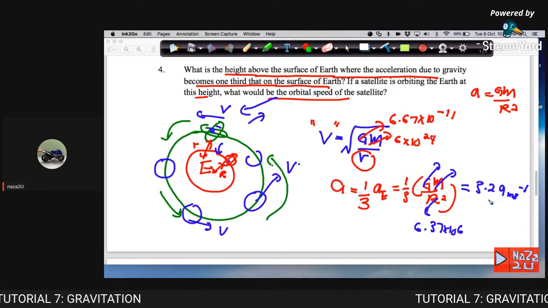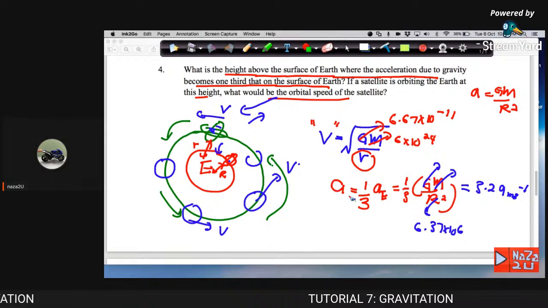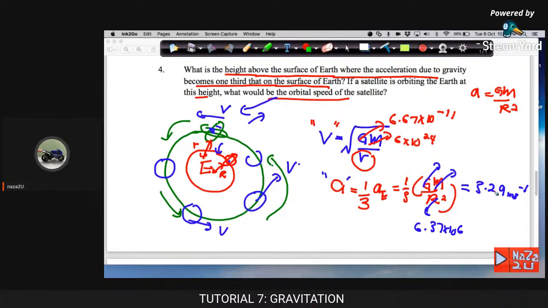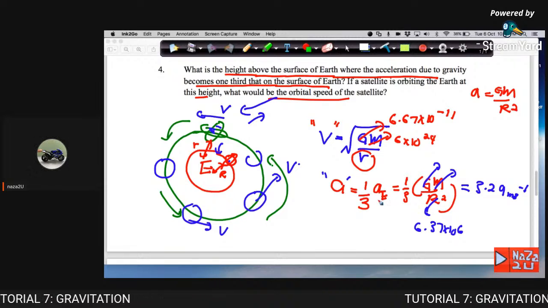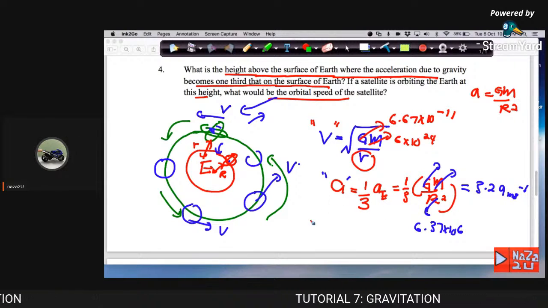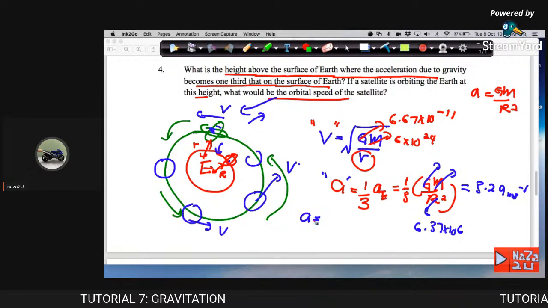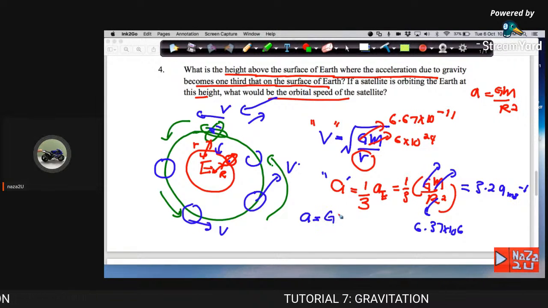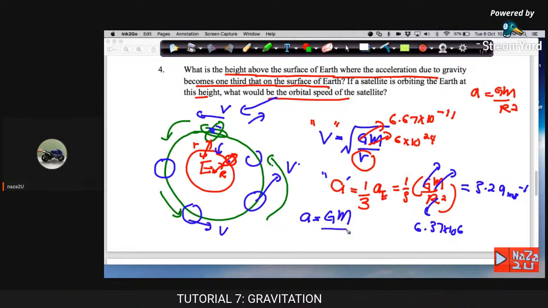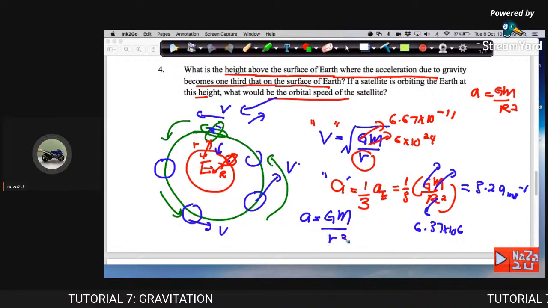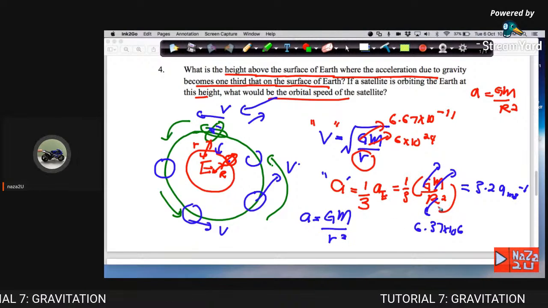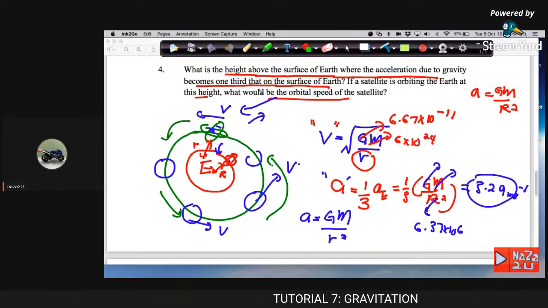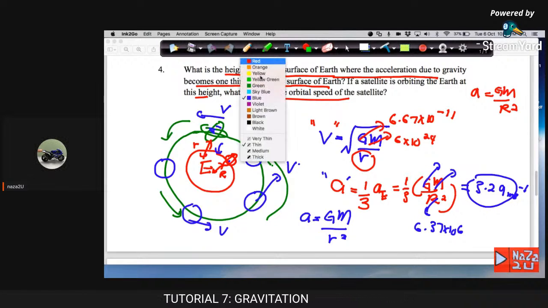Okay, so dalam kes ini, 3.29 ni semasa berada di atas because dia 1/3 daripada yang berada di bumi. So dalam sini kita tahu A, okay, untuk acceleration, untuk gravitational field strength is equal to Gm over R square. Tapi kita dah dapat nilai A sini 3.29.